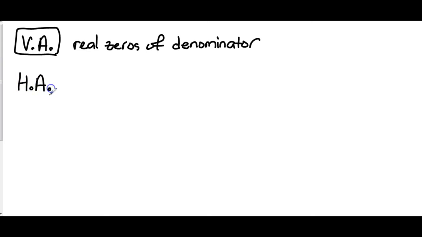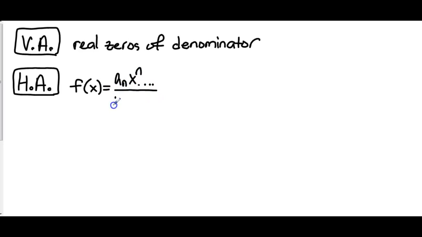We have 3 cases. If I'm looking at a polynomial of the form f of x equals a sub n x to the n, polynomial in the numerator, and we'll use b sub m x to the m to indicate the polynomial in the denominator. Here are our three cases.